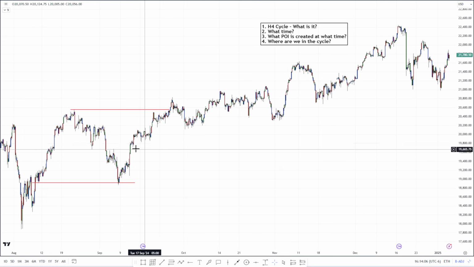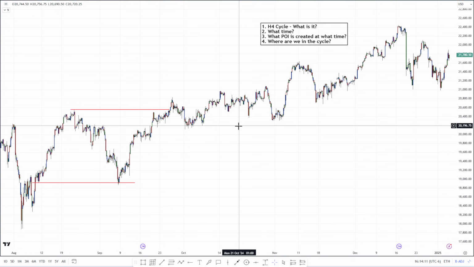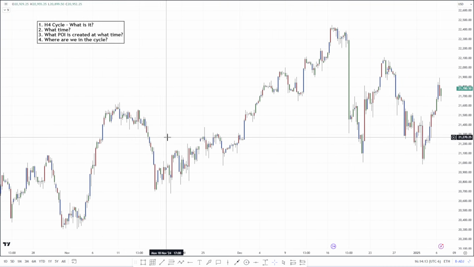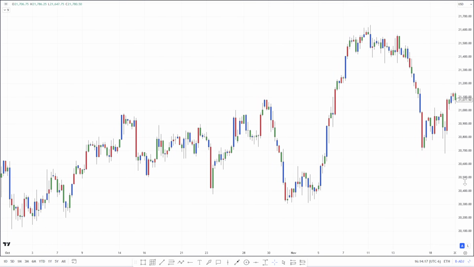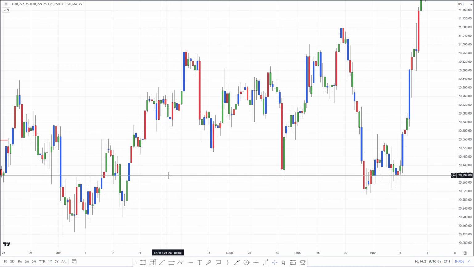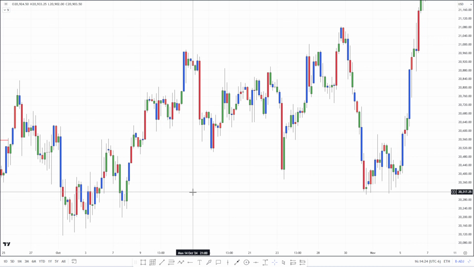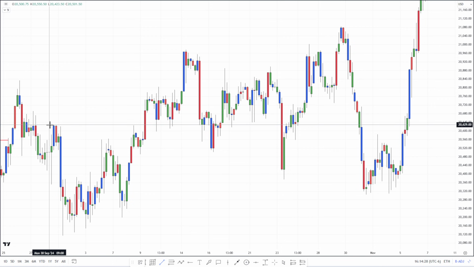Okay, so if we start looking and zooming in on some of these areas, we have cycles that happen over a much shorter period of time. And we could start zooming in on that. We were looking at more longer term highs and lows.